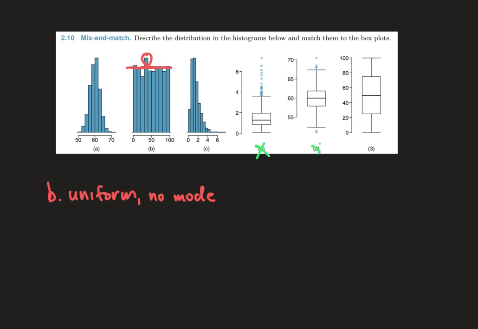We can get rid of 2 because we already used that one for part A, which leaves number 3. We can see that it is uniform: the distance between the minimum and the first quartile, the median and the third quartile, and the third quartile and the max are all about the same. That means the data values are spread out evenly from the minimum to the max, which matches up with the uniform distribution.